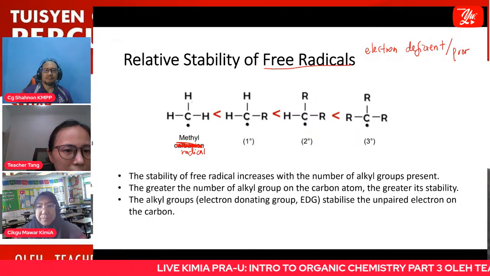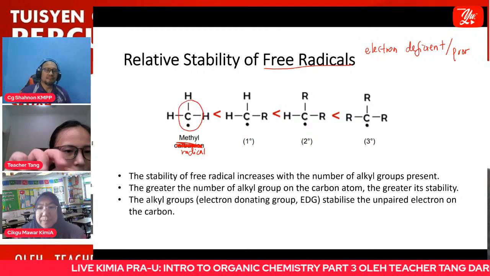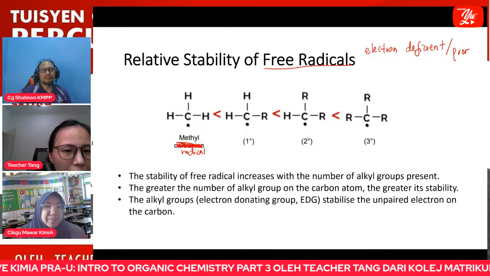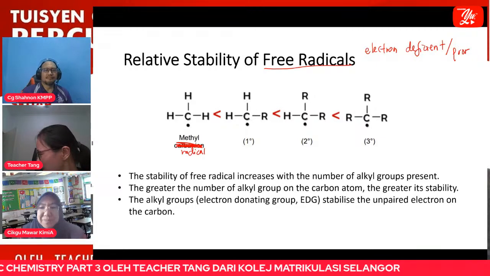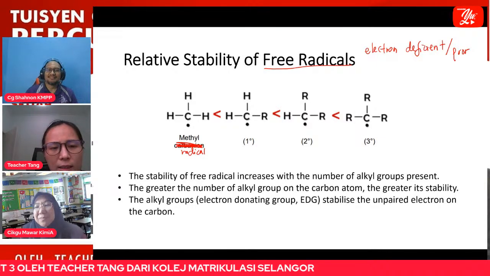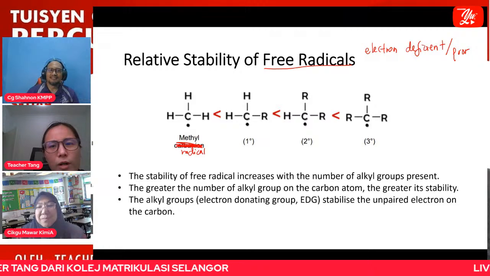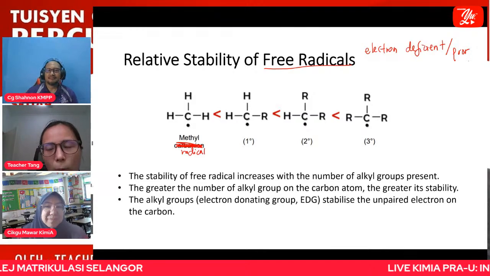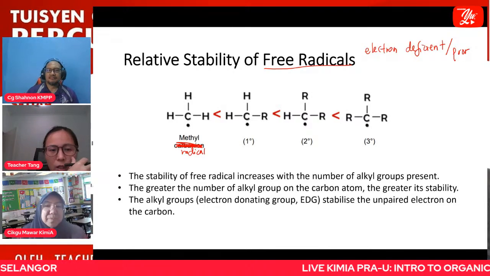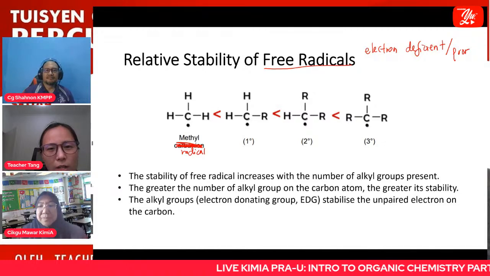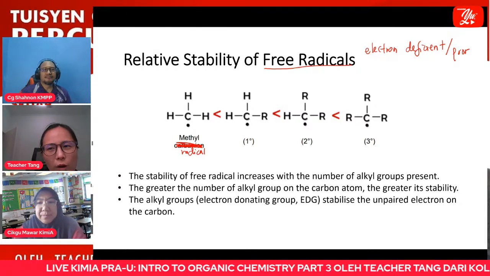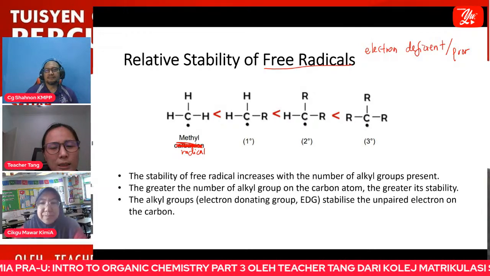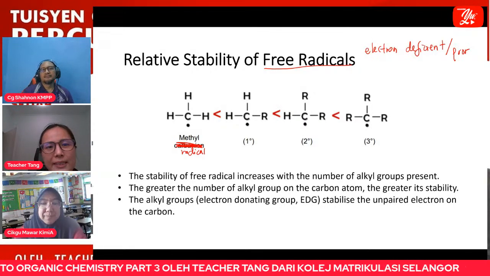It is because around the carbon in the free radical, there are only 7 electrons. So when it is electron deficient, it is not very stable. How can it be stabilized?